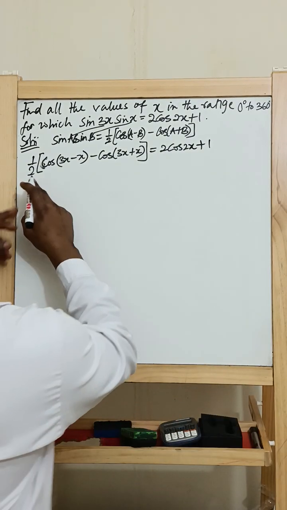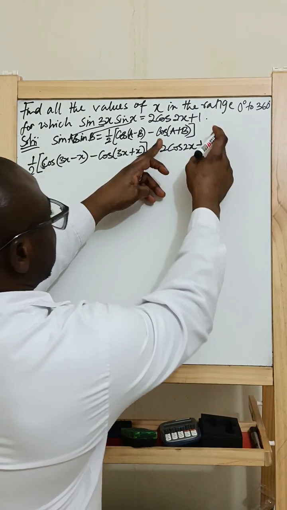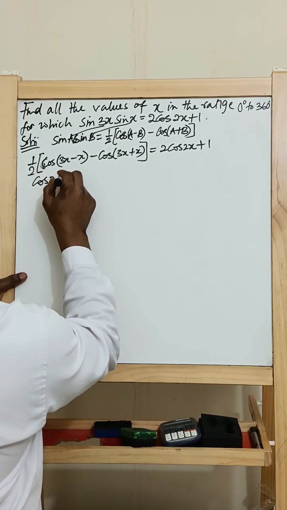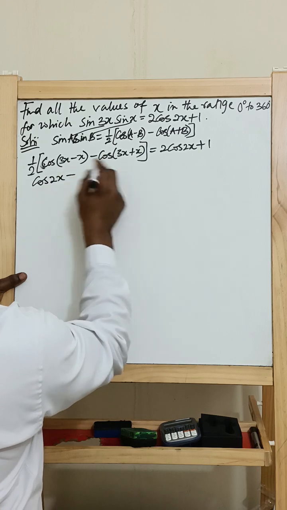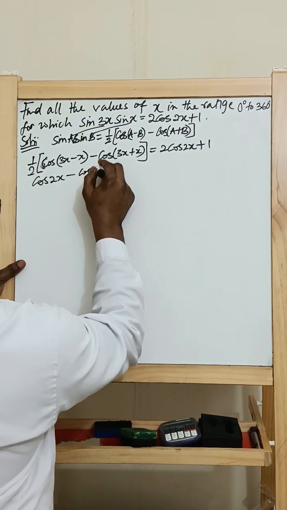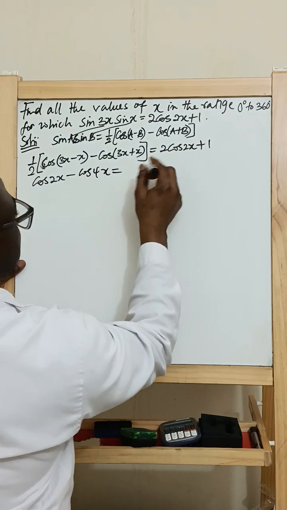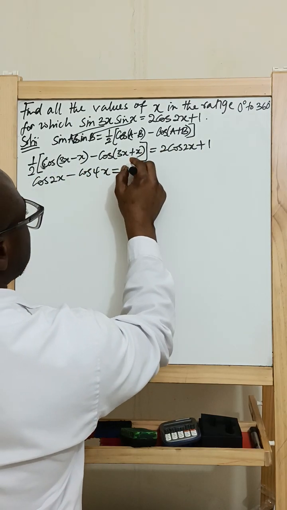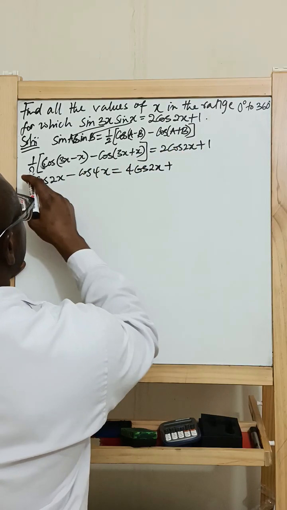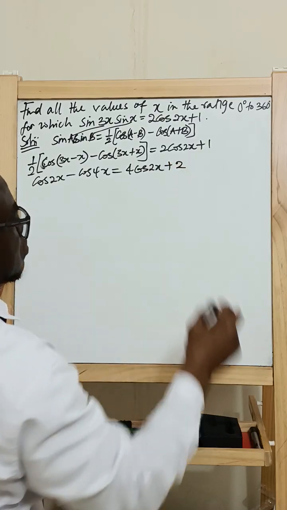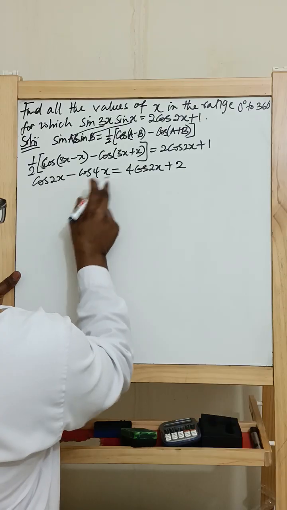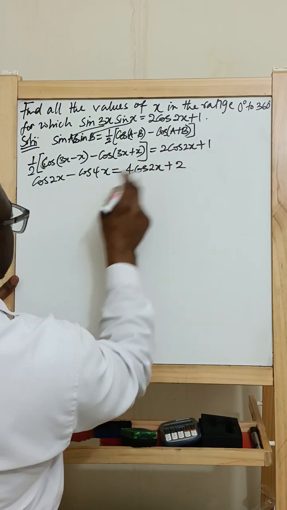So these two can go and multiply everything here, right? So this is now becoming cos 3x minus x, that will be 4 cos 4x, and that will equal, when these two multiply, 4 cos 2x plus 2 times 1, that will be 2, right? Now from this expression, we can bring all these to the other side of the equation.